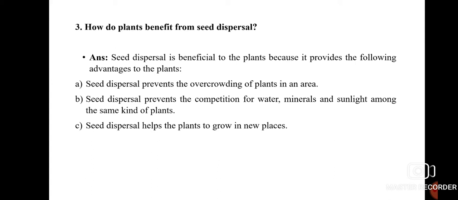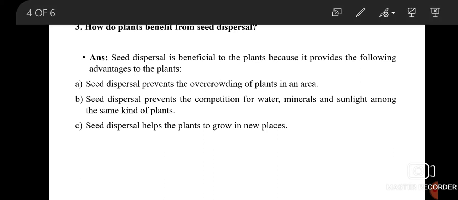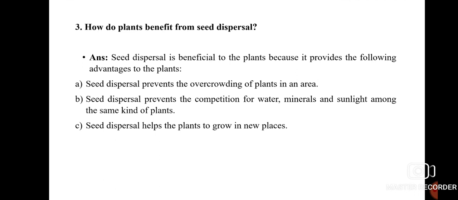Number B, seed dispersal prevents the competition for water, minerals and sunlight among the same kind of plant. Water, minerals and sunlight are indispensable for the growth of a plant, because sunlight and water are essential for photosynthesis, and minerals are required for growth.